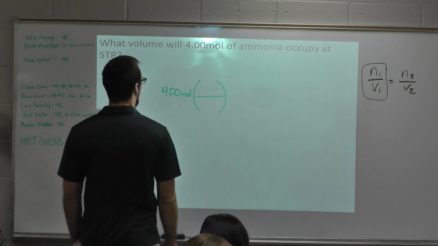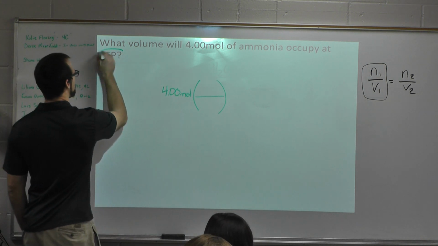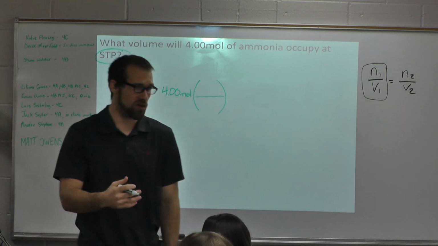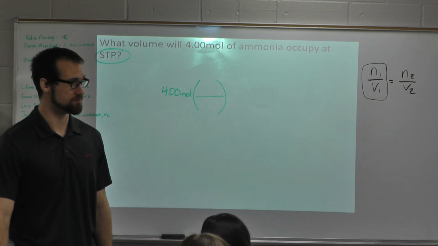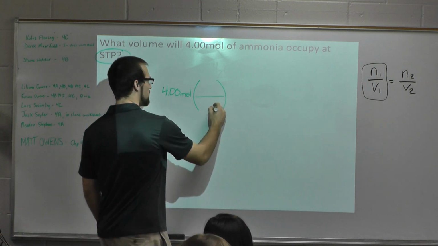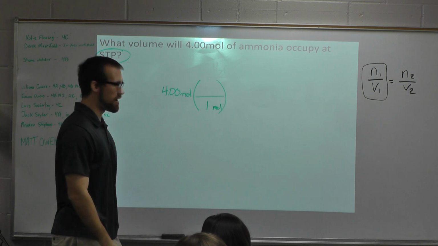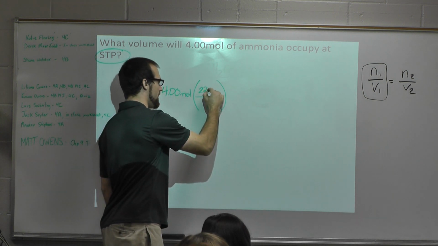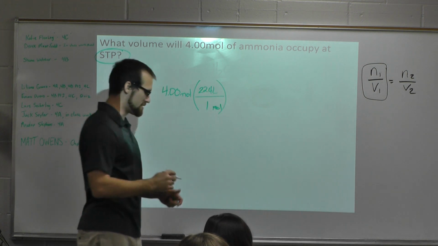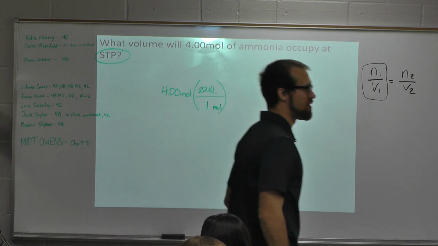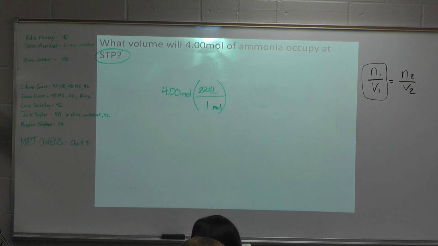All right. Now, since it's at STP, I know 1 mole has a certain volume. So if I have 4 moles, it will be 4 times that volume. 22.4. Okay? 1 mole occupies 22.4. Now, if I were to look up in the book what the molar volume of ammonia is, is it going to be exactly 22.4?